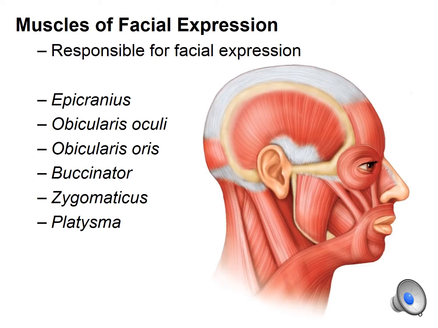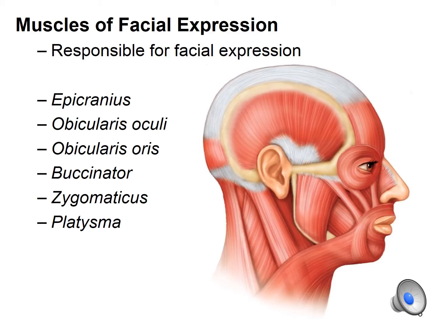So let's just go ahead and go over the names of some of these muscles. In the face, all the muscles that help you to control expressions of your face, we have the epicranius, the orbicularis oculi, orbicularis oris, the buccinator, zygomaticus, and platysma. And again, you'll see these labeled in the next slide.